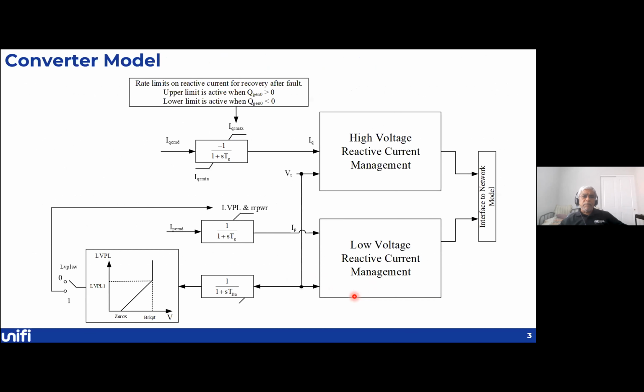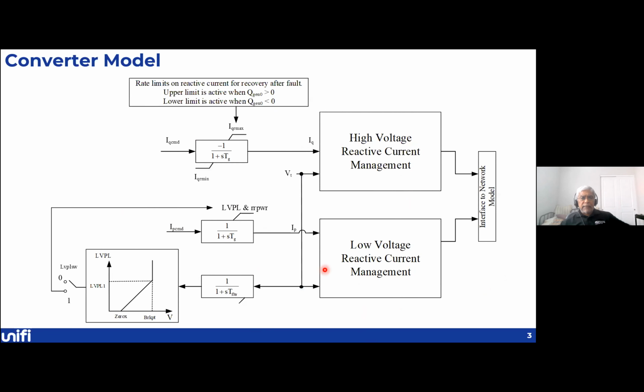This was the basis, and this is the framework which is described here. You see there is the IQ and the ID currents, which are IP command and IQ command, which are injected. And then you have some high voltage reactive current management and a low voltage reactive current management.